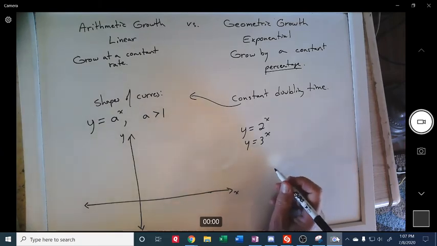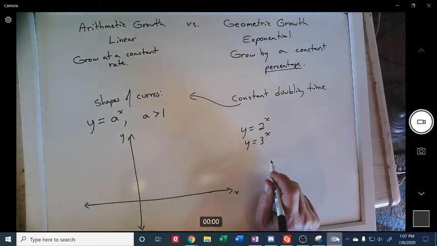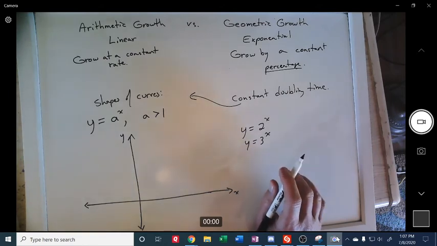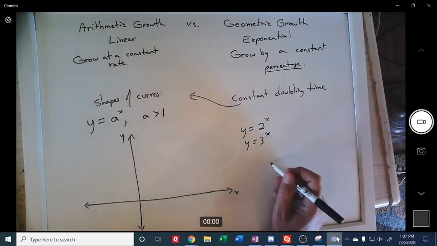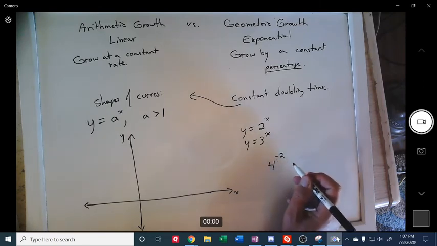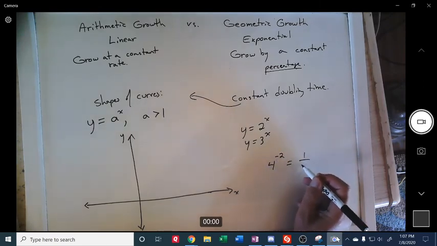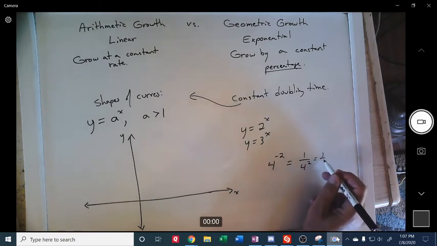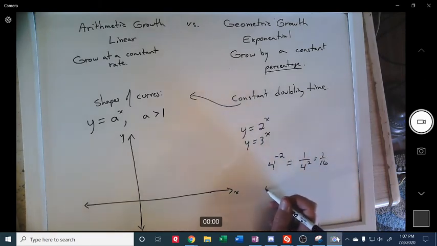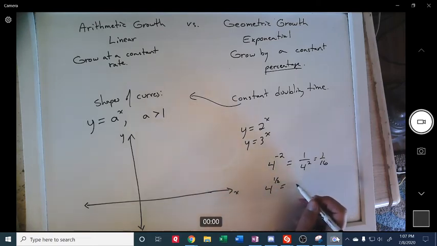a couple quick things I want to review, because this could be a real source of misunderstandings if you're not refreshed on these. Negative exponents. 4 to the negative 2 power is 1 over 4 squared, 1/16. 4 to the 1/2 power: the bottom number comes out, the top number stays in.